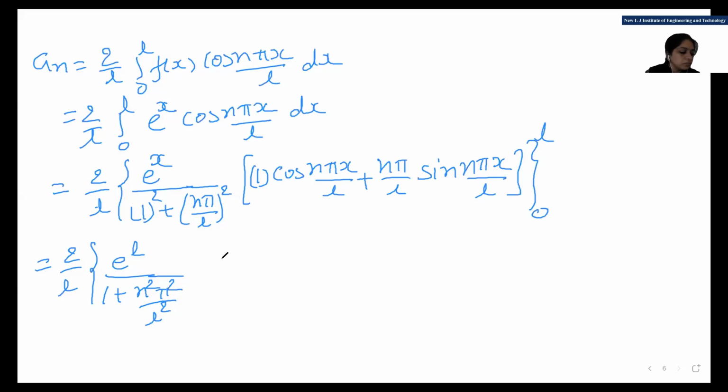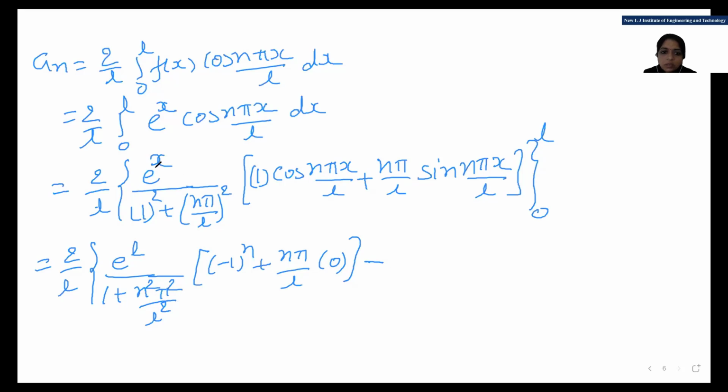Now here cos, if I put here L, then both L will be cancelled and cos n pi, that is minus 1 raised to n. If I put here L, both L will be cancelled and sin n pi is 0. So n pi by L into 0. So this is the value for the upper limit.